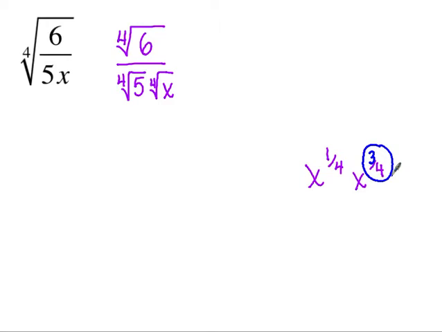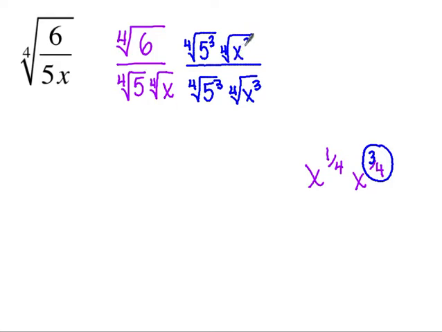So what we're going to have to multiply by, this is where things get a little interesting, is the 4th root of 5 cubed and then the 4th root of x cubed. That's what the 3/4 is. The 4th root of 5 cubed, the 4th root of x cubed. Now remember, when I do that, I have to do that on both the top and the bottom.